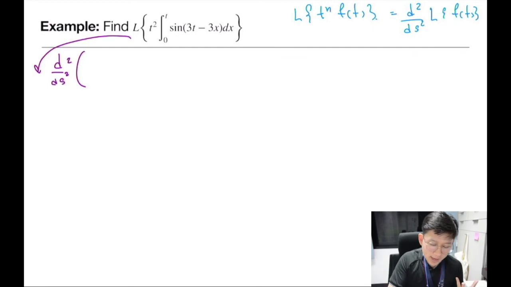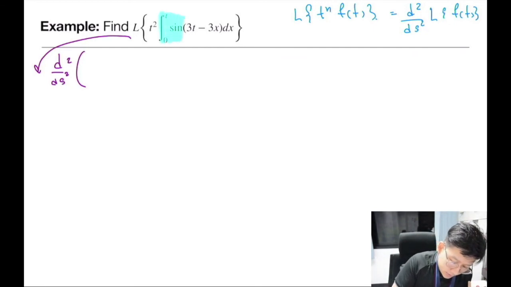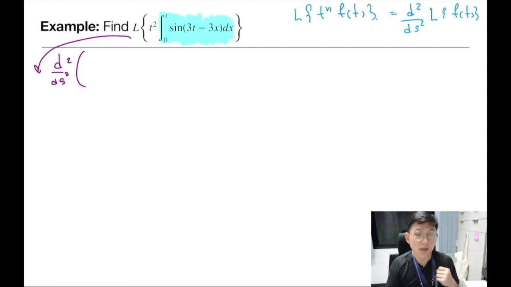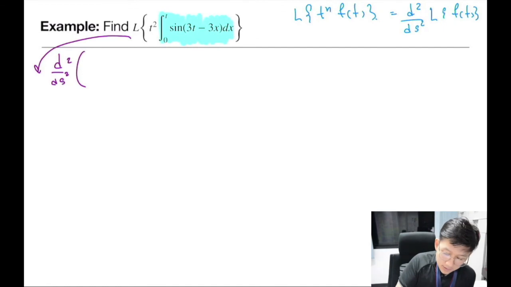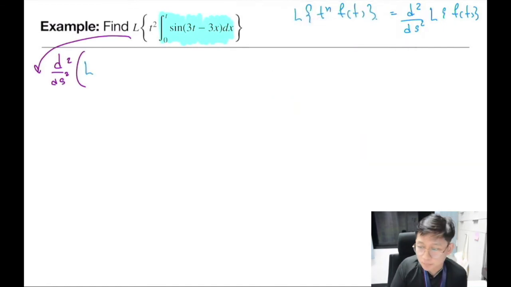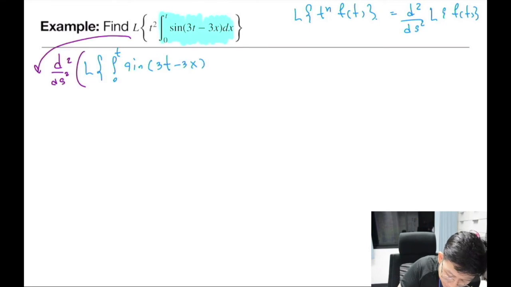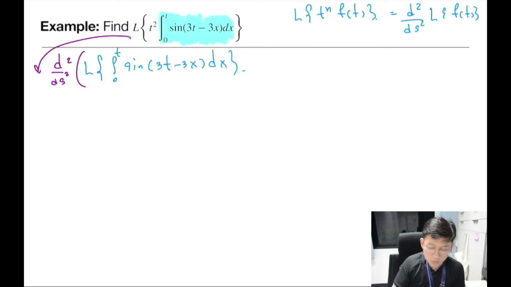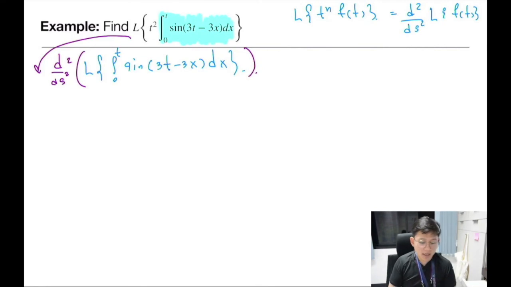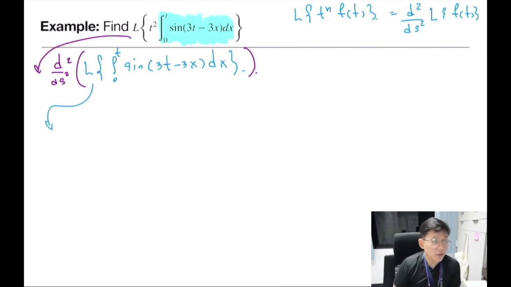We look at this as the f(x) in the second technique. So we need to find the second derivative with respect to s of the Laplace transform of the integral from 0 to t of sine 3(t minus x) dx. I'm just going to look at the Laplace transform first.